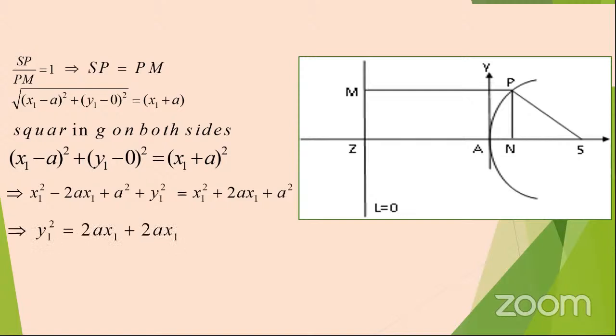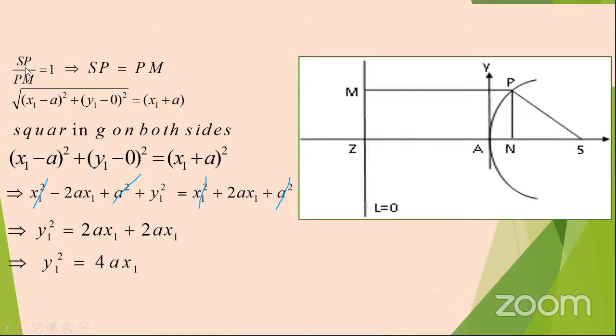On expanding and on simplification, we shall get x1 square and x1 square gets cancelled, a square gets cancelled. We'll get y square is equal to 2ax plus 2ax. Then y1 square is equal to 4ax1. When P satisfies the geometric condition SP by PM equal to 1, then P lies on the curve y1 square equal to 4ax1. Is this clear, children?